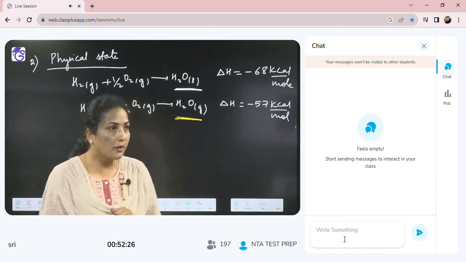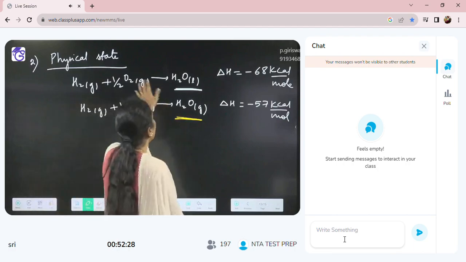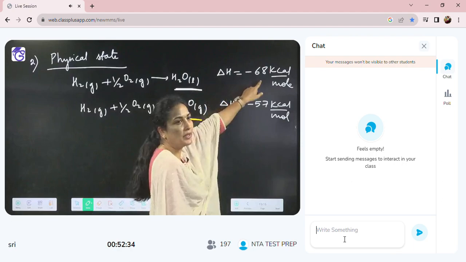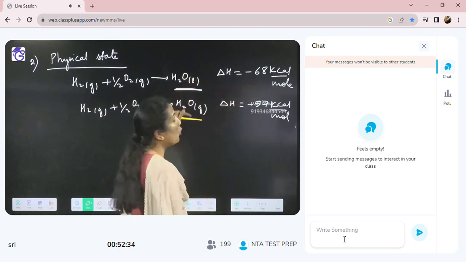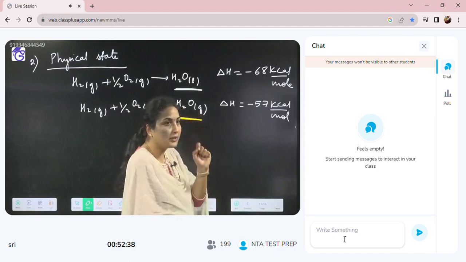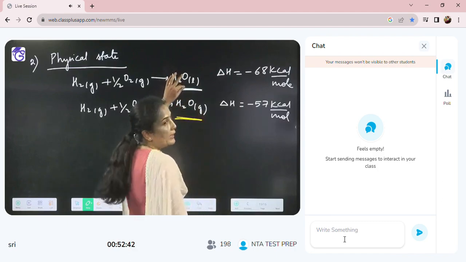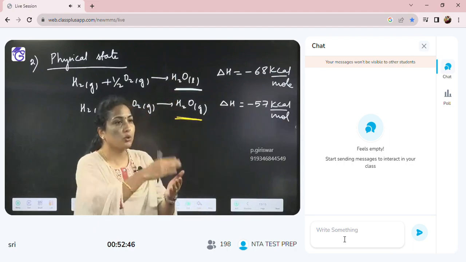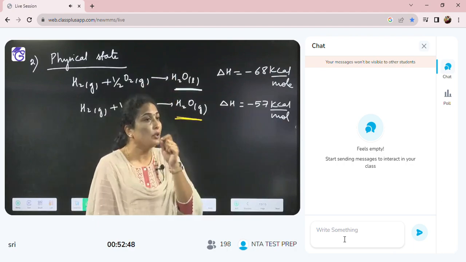Is this point clear? Now another thing is, if at all we are stopping at H2O liquid, then 68 kilocalorie is released. But if at all I have to go up to H2O gas, then less amount is getting released. What could be the reason? From H2O liquid to H2O gas, you need to supply some amount of heat so that it gets converted, because it is an endothermic process.